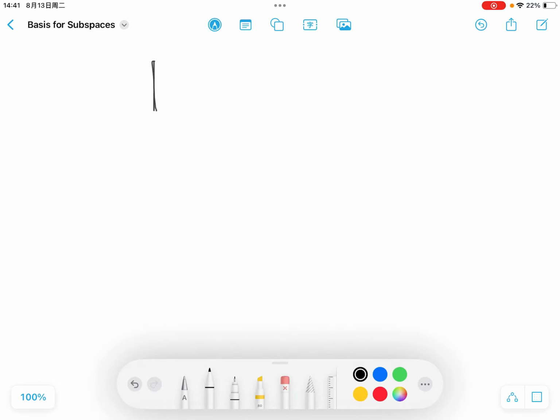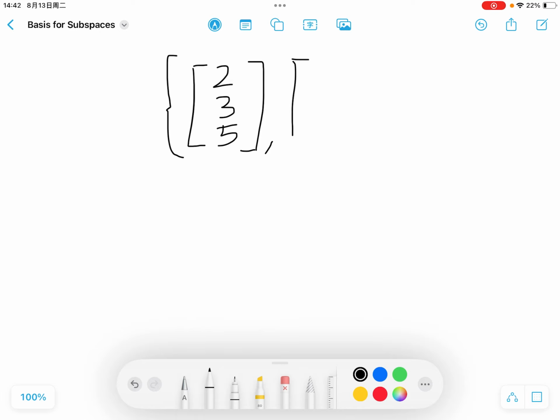So let's look at another example. Say (2, 3, 5), and also (4, 2, -3). These are just some random numbers.